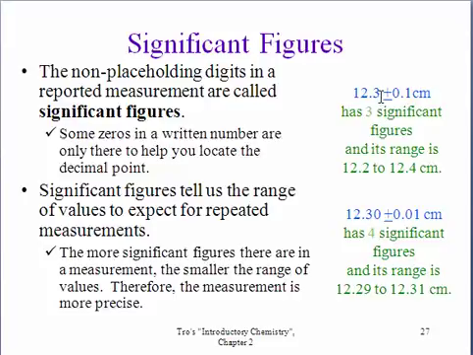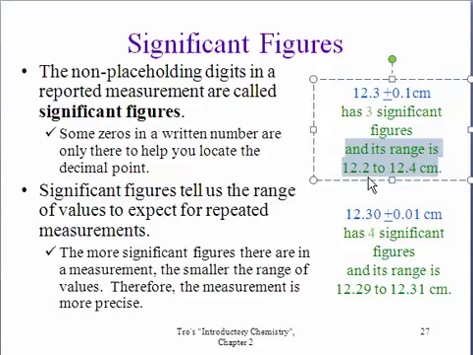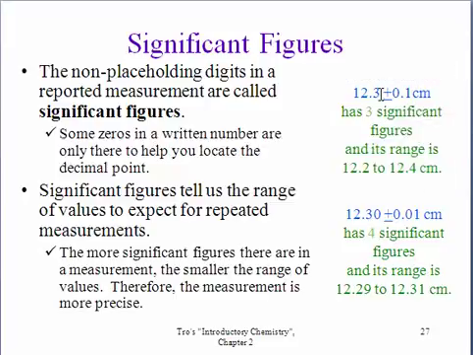And it is assumed that this last digit is going to be plus or minus 1, meaning its range is going to be between 12.2 and 12.4. So our 3 is in the 10th place, so our range of precision is plus or minus 1/10. The actual measurement is going to be somewhere between 12.2 and 12.4.